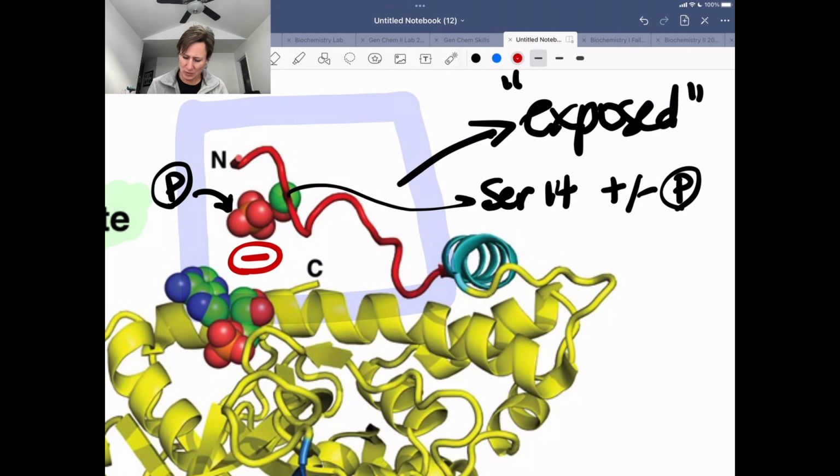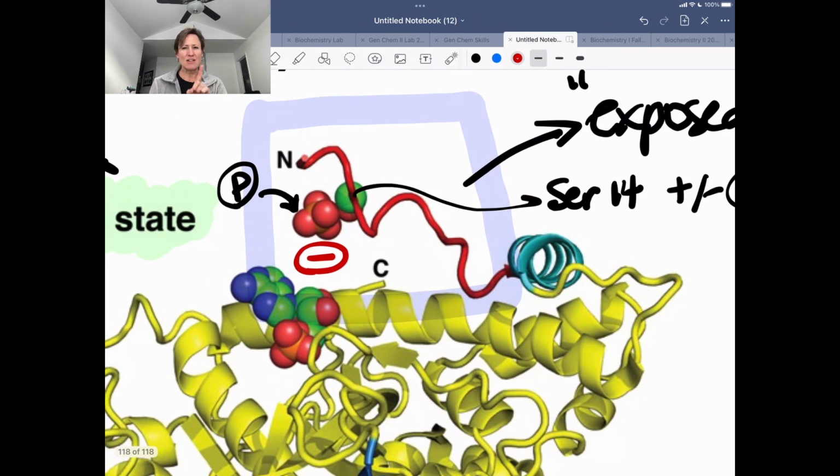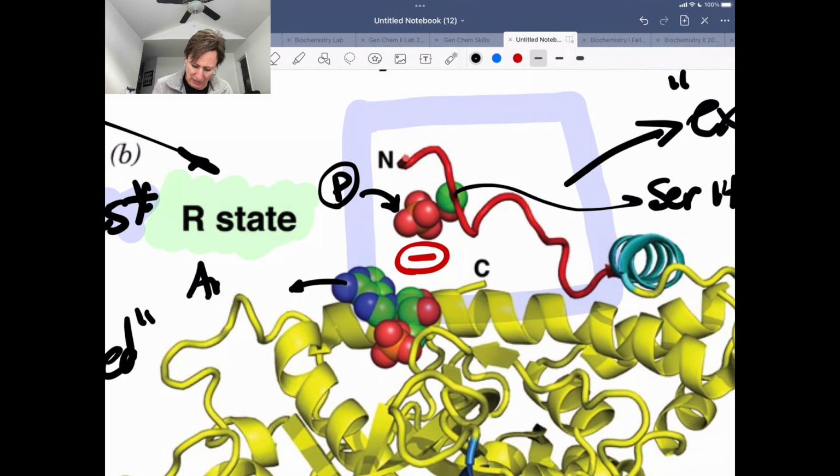Here's another piece that we have here. Not only is it unfavorable to bury it, but look at this residue that we have here, okay? This residue right here is an arginine. And I probably could have written it as an R, but I didn't want to get confused with R state. It's an arginine residue. Remember, arginine, the side chain is that guanidino side chain. That's positively charged.